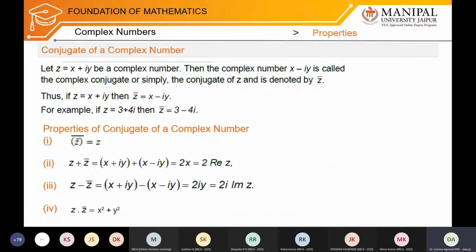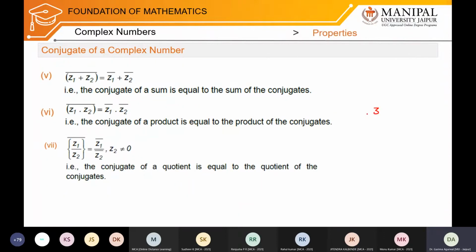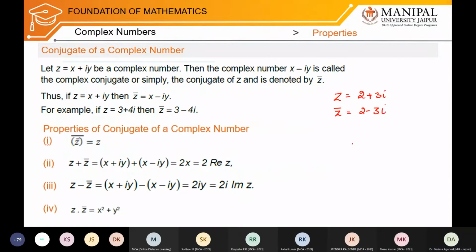Then we have the conjugate of a complex number. Let's say we have the complex number 2 plus 3 iota. So the conjugate will be 2 minus 3 iota, right? Let's say I have the complex number 2 minus 3 iota. In that case, the conjugate, this bar denotes the conjugate of z, will be 2 plus 3 iota.